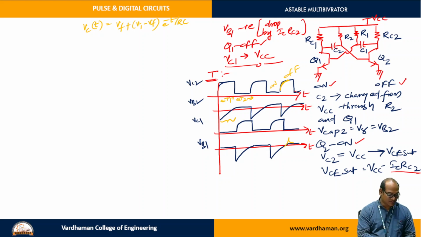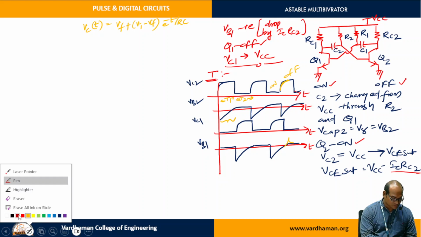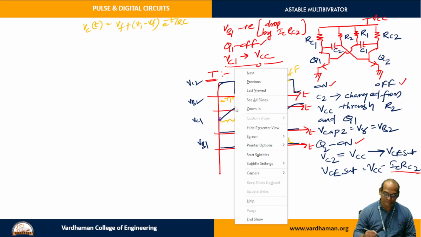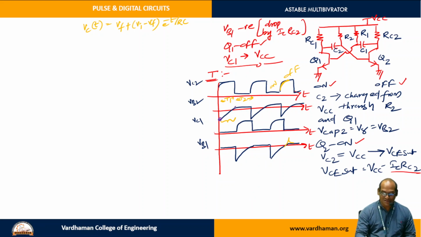So to get T1, first what we need to do? Its initial value is this one, its final value is this one. Initial is this one. This is final. So it can charge up to which value?